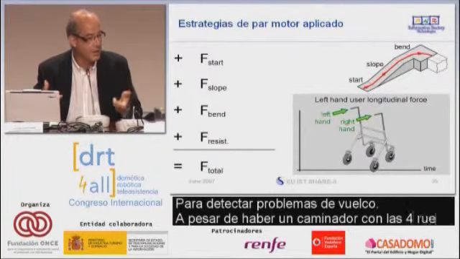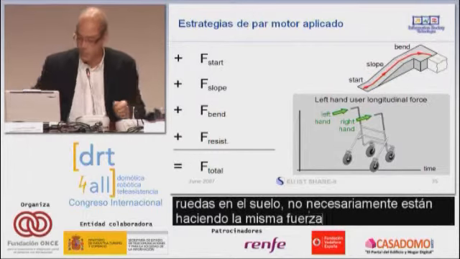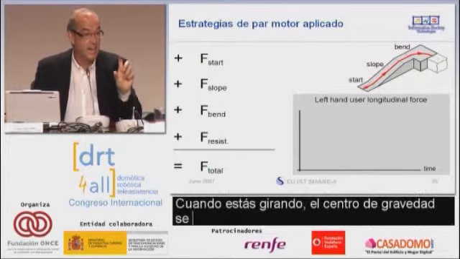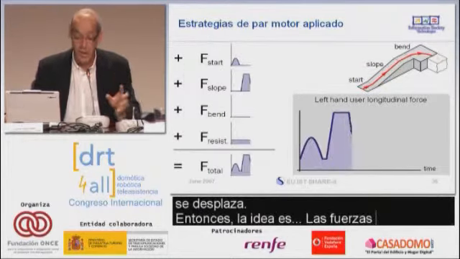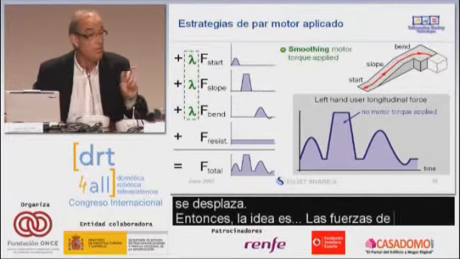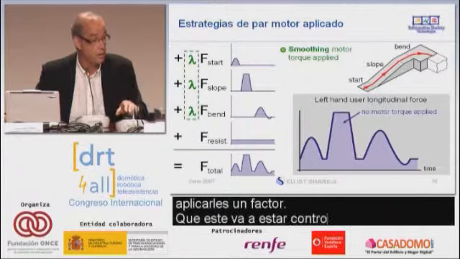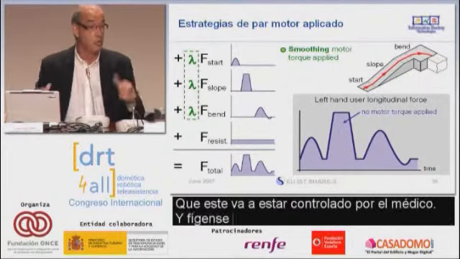And in spite of that, the different forces are different. I mean, when you're going down, the center of gravity displaces. When you're turning, things change as well. So the whole idea is for the pathway forces to apply a certain factor which will be controlled by the doctor, and this is applied to each one of the hands.